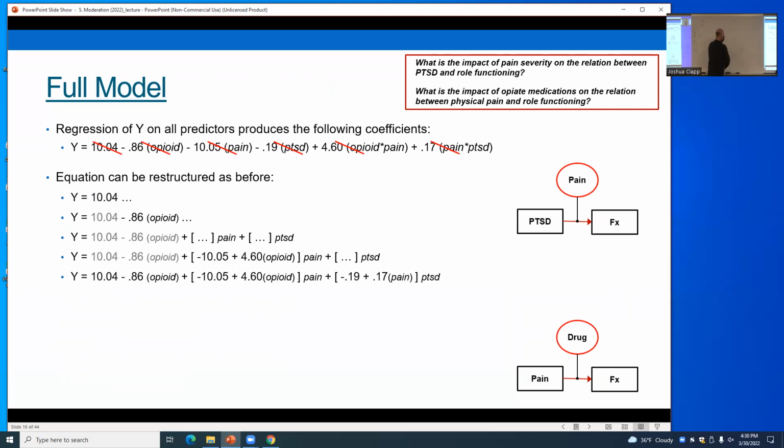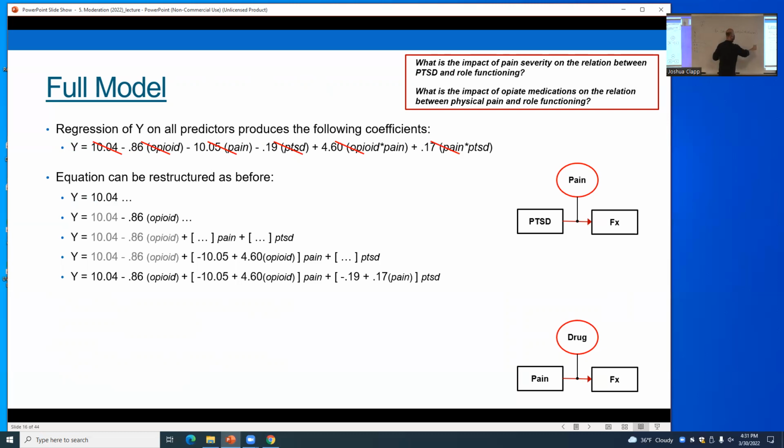So if I'm looking at that, I'm saying, okay, so I've got y equals 10.04 plus 0.86 opiate use. Okay, so then I'm going to run that out, which is going to give me negative 10.05 pain plus 4.60 opiate times pain.